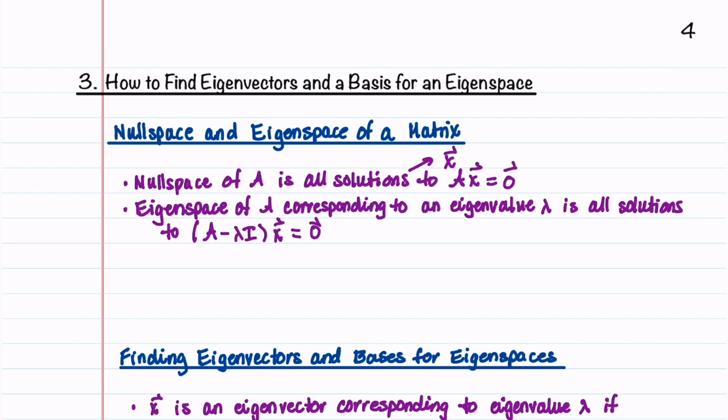Let's make a note that our eigenspace contains the 0 vector. That's always a point of confusion for students because an eigenvector cannot be 0, but an eigenspace can contain the 0 vector. So it contains the 0 vector and all eigenvectors corresponding to lambda.